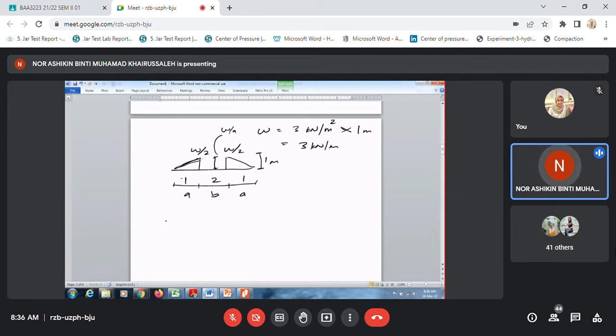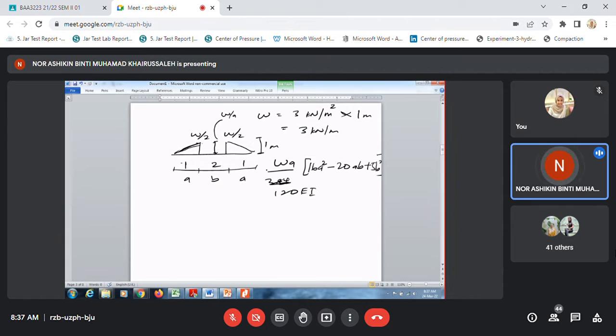So the formula will be W times A divided by 120 EI, times 16A squared minus 20AB plus 5B squared. Make sure that the WA is in kilonewton.